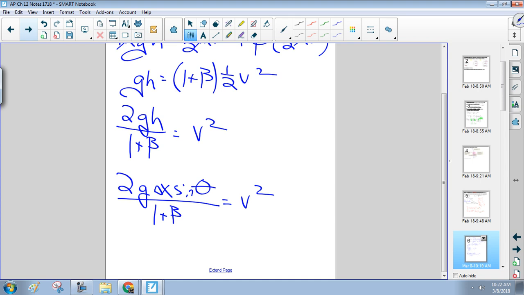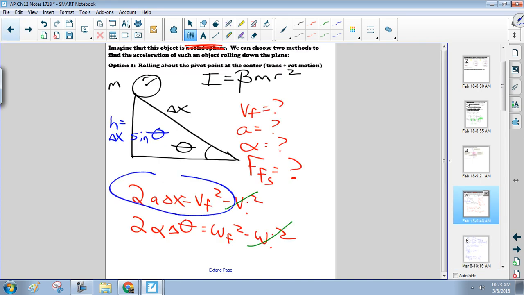Let's find the acceleration. And it turns out, this is the super secret ninja trick, that if you had used actual numbers, you wouldn't have had to do the algebra I'm about to do. So this is our VF, right? VF squared is 2a delta x, right?